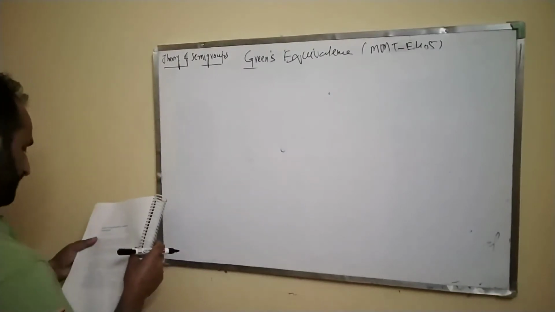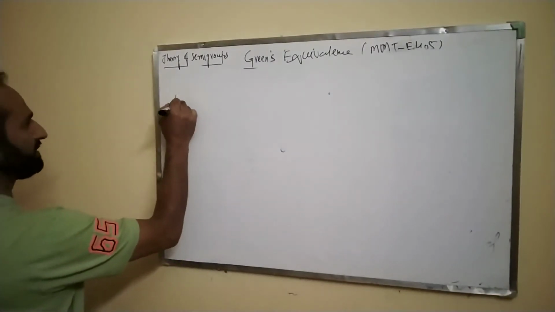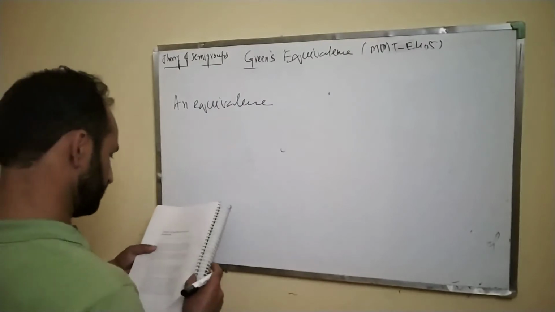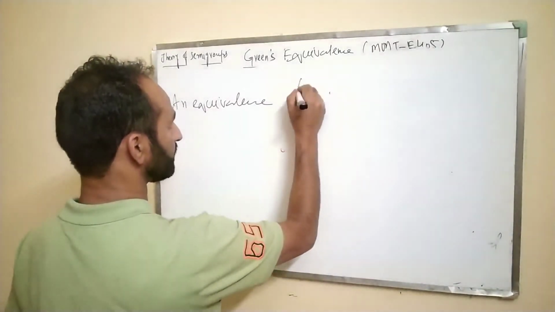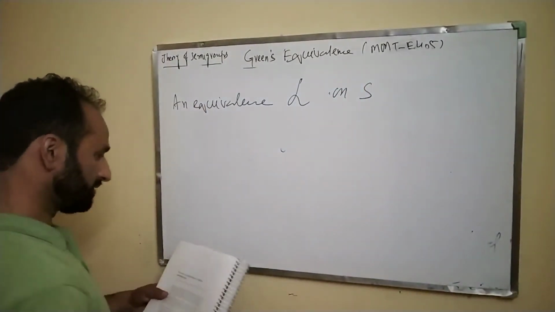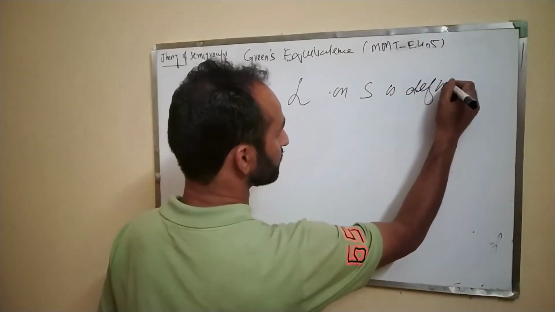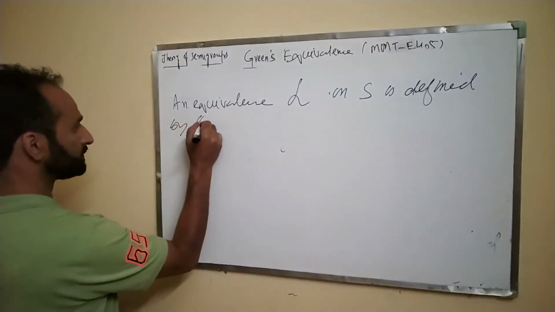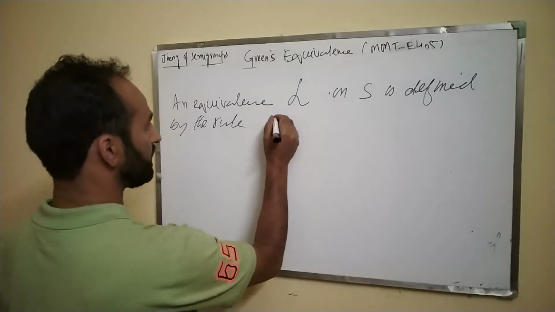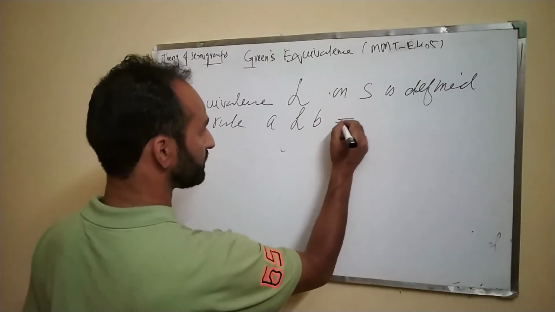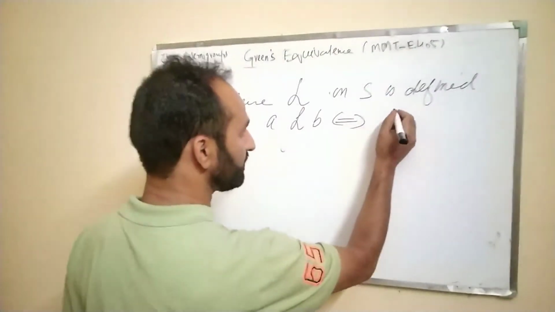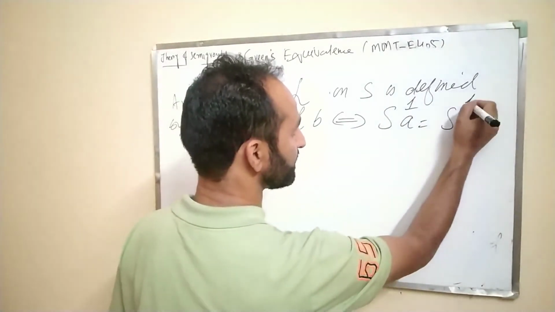So let's define the L relation. An equivalence which we denote by L on S is defined by the rule: A is L related to B if and only if the principal left ideals generated by A and B coincide, if and only if S1A is the same as S1B.